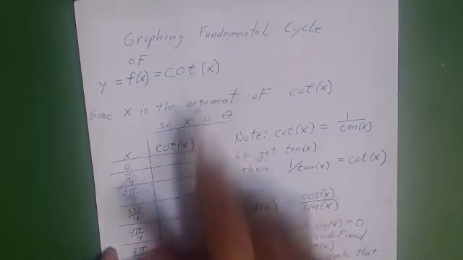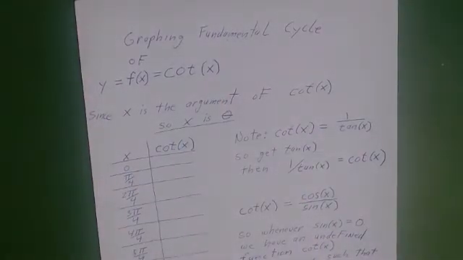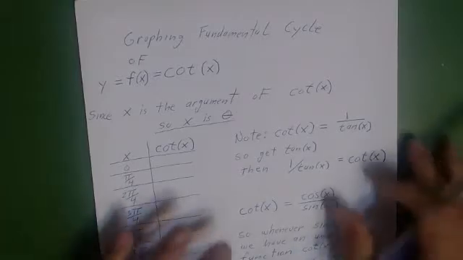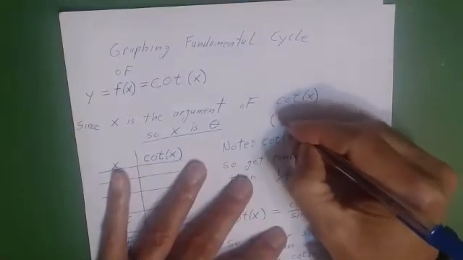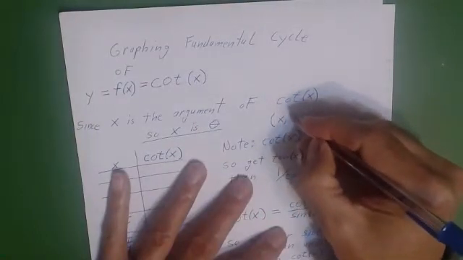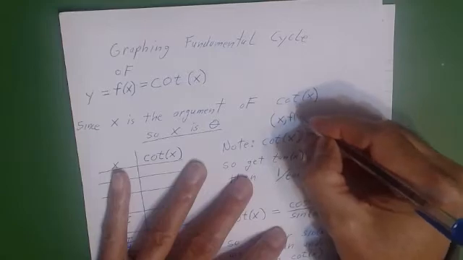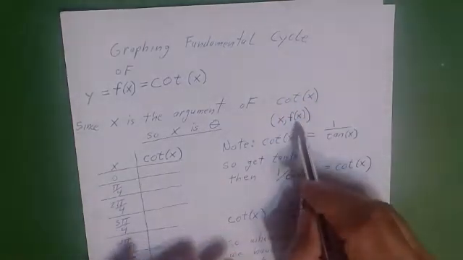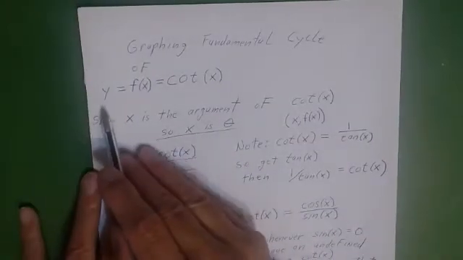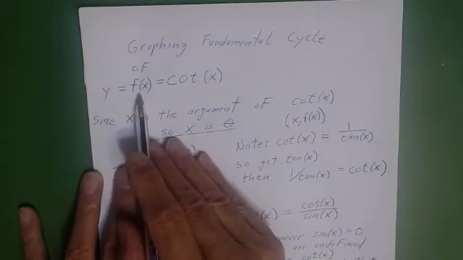So our graph is going to be of the points x and f of x. That's the graph we're going to make. And f of x is just the same thing as y, right? y is a name for f of x.